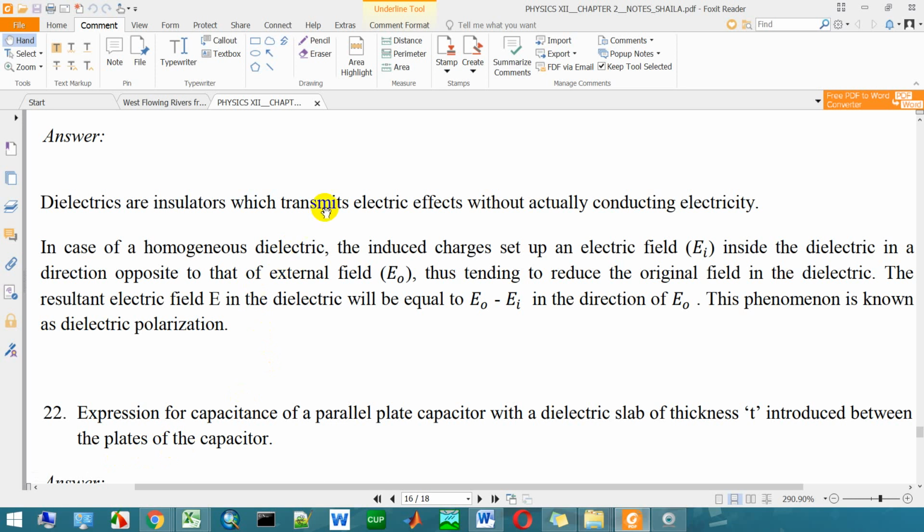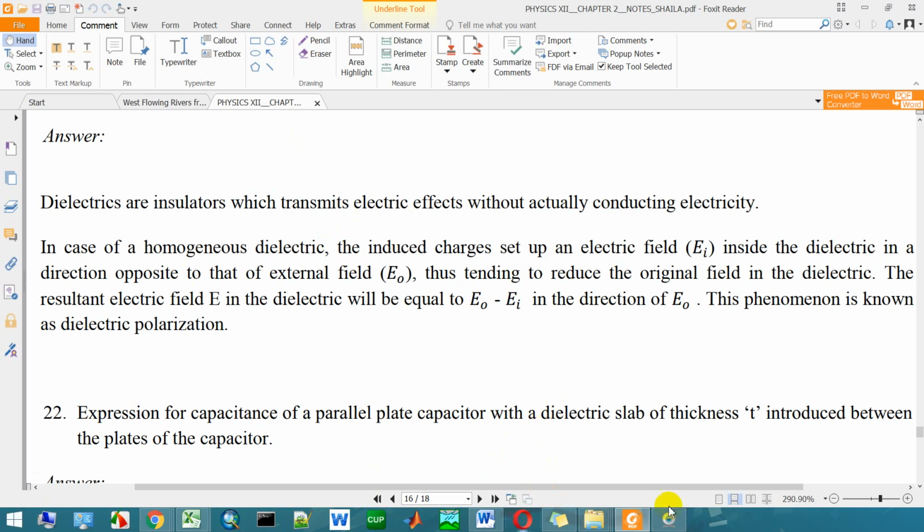In the previous questions, in the 21st question, and in the 16th question, we learned to find the capacitance of a capacitor when the plates are separated by vacuum or air. Here the plates are separated by a dielectric.